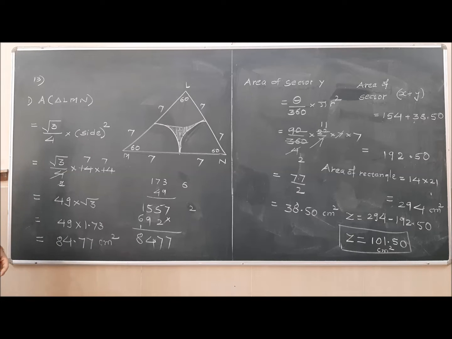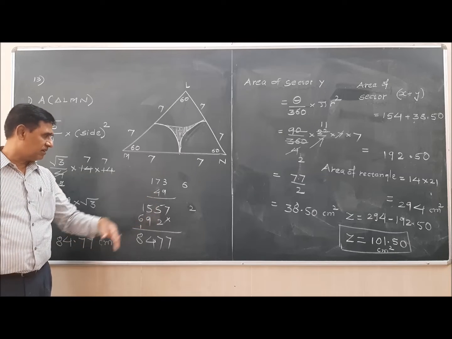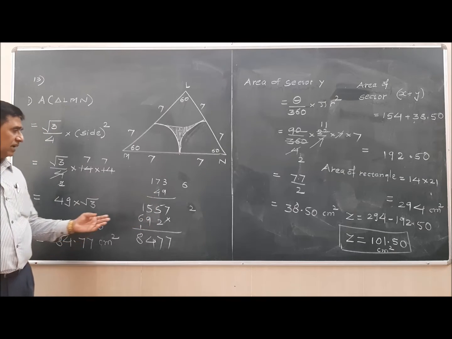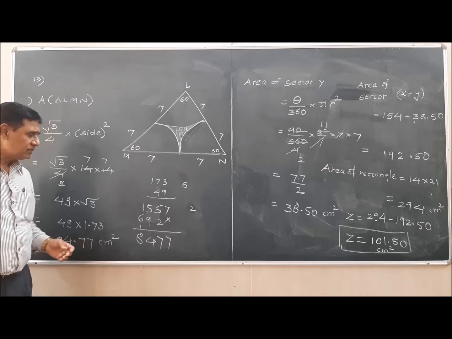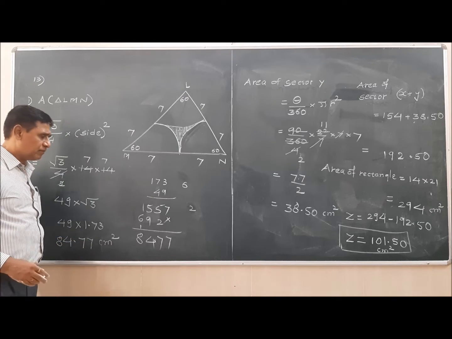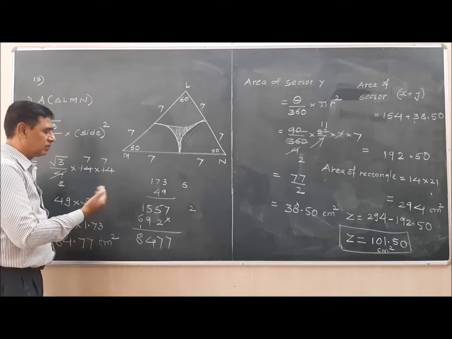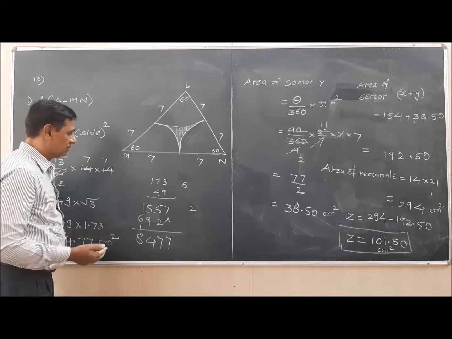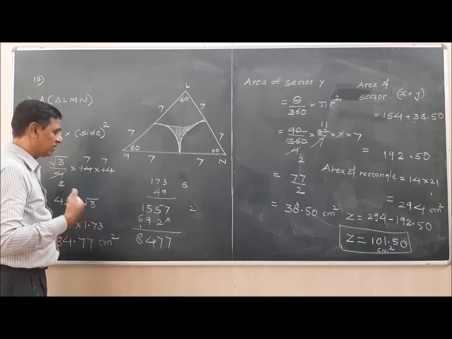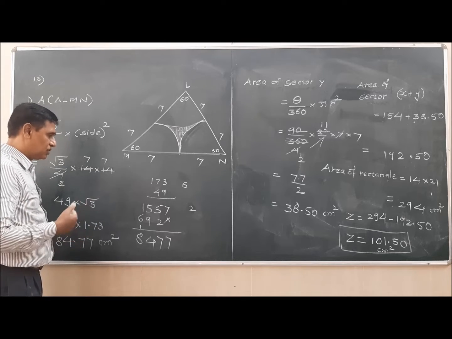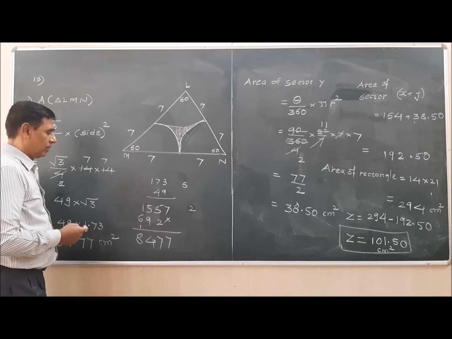Please see here. 9 3s are 27, carry 2. Right? Then 9 7s are 63. Plus 2 is 65, 6, 9 ones are 9 plus 6 is 15. Then I multiply it by 4, 4 3s are 12, carry 1. 4 7s are 28, plus 1 is 29, carry 2, 4 ones are 4.